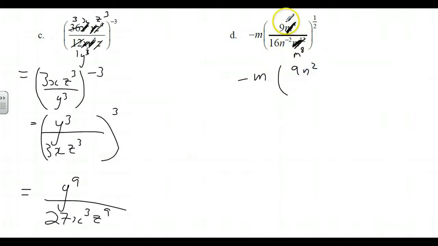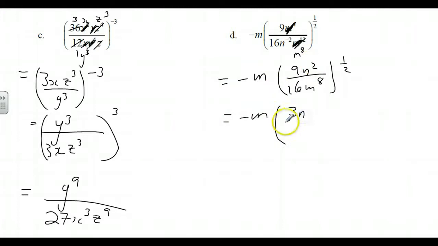That is going to move up top. Okay, this is gone. And 16m to the 8th to the 1/2. Okay, the square root of this, right, is 3n over 4m to the 4th.